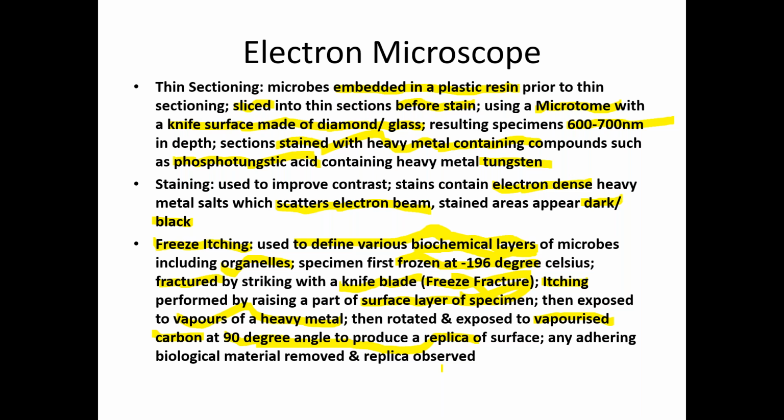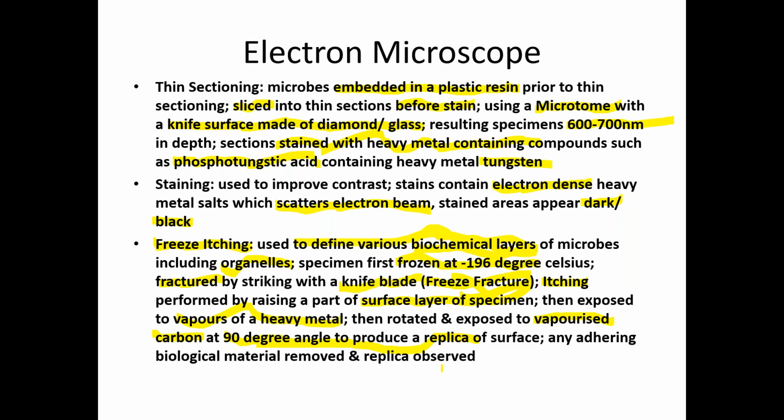So whether thin sectioning using a microtome or freeze fracture, in both methods the purpose is to produce thin sections. When we say fracturing by striking with a knife blade, the purpose is to produce thin sections. That's it.